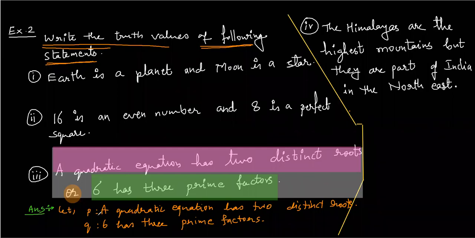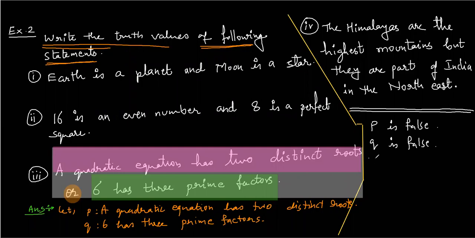Okay, so a quadratic equation has 2 distinct roots. So here I will write the answer as, what I will write? I will write here P is false. Then I will write Q is false.